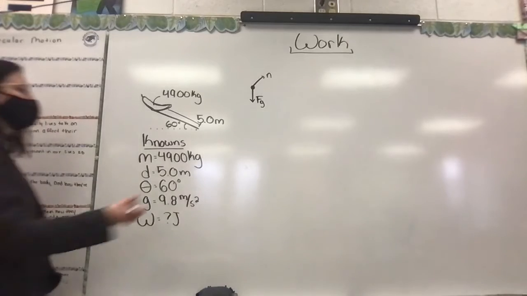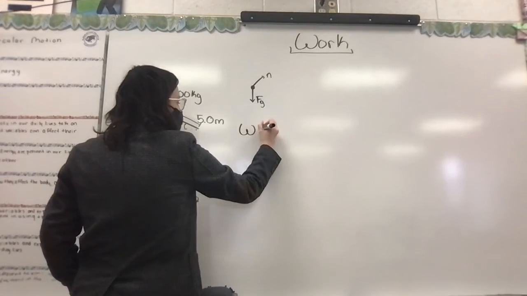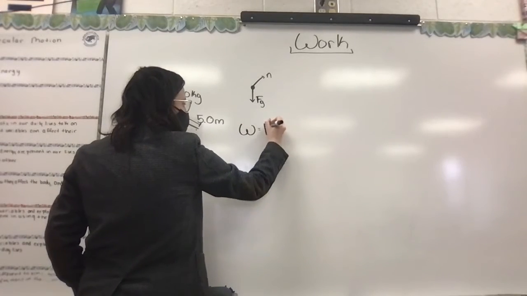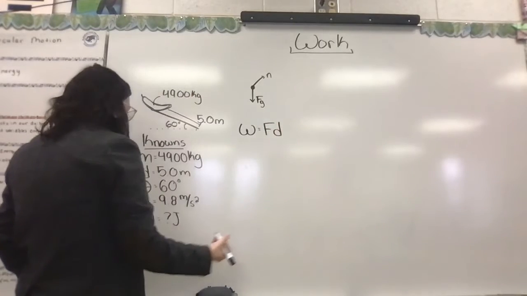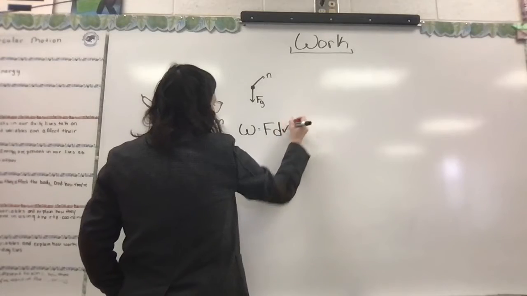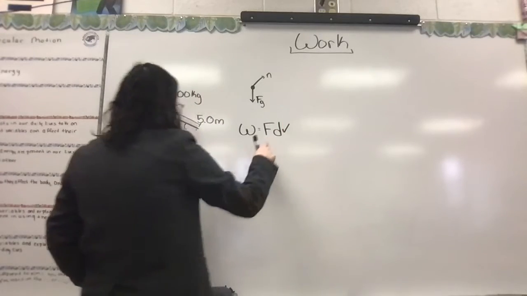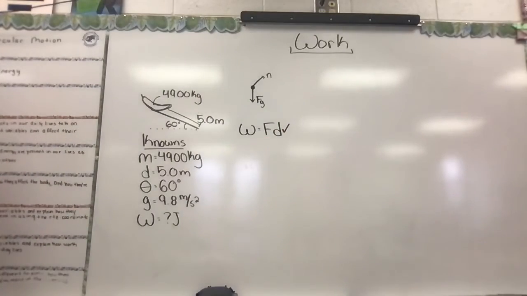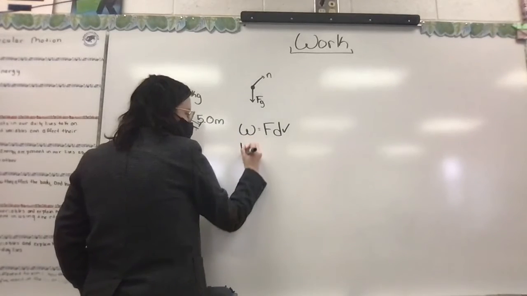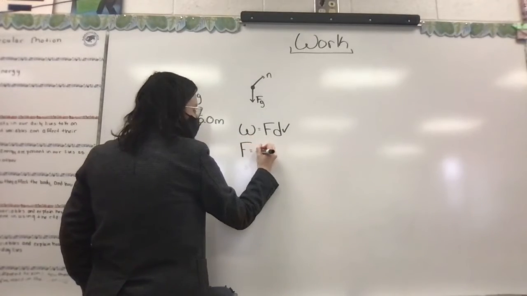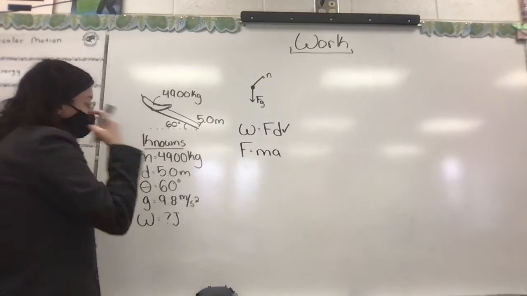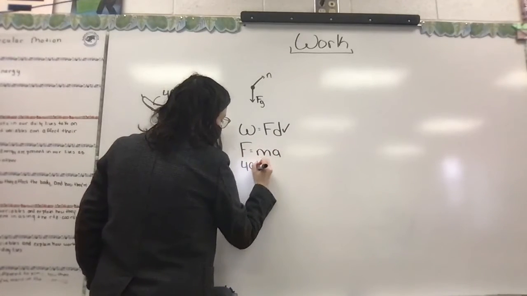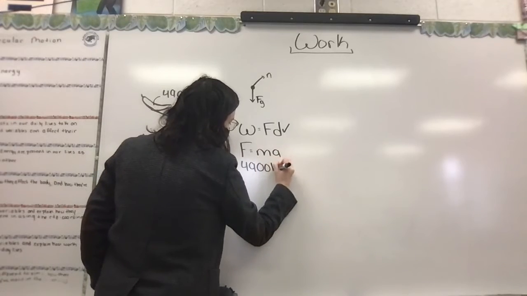Now, we know that work is equal to what? Force times distance, okay? Well, we've got the distance. Do we have the force? No. Okay. Who remembers how we find force? Perfect. Mass times acceleration. Okay, what's our mass? 4,900 kilograms.